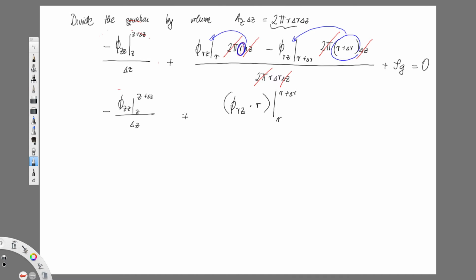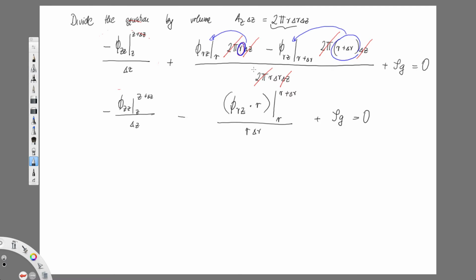Minus, yes. This was just to check whether you're paying attention. And now I divide things by r delta r, plus rho g is equal to zero. Of course, I'm tempted to divide by r and delta r and try to cancel them.